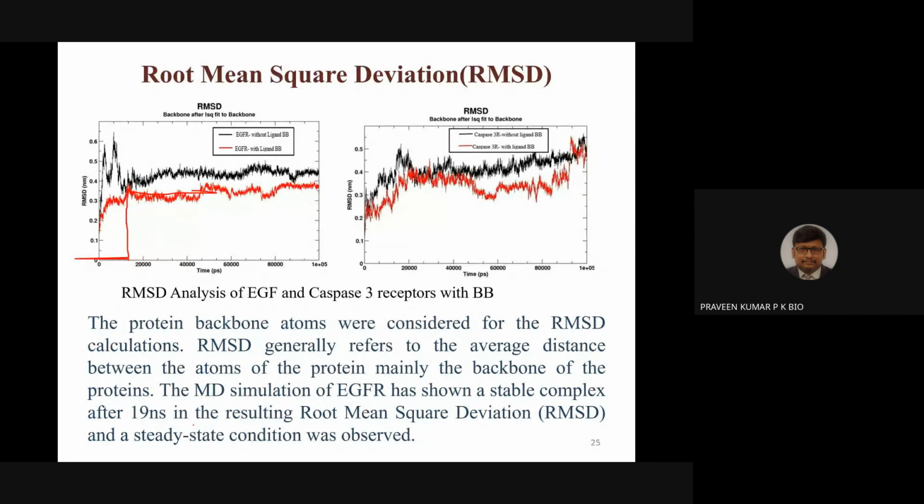During the 19 nanoseconds, you find a stable complex, but you can find a variation here. So only from here do you find it stable. One is at 90 nanoseconds, and the other time is around 42 nanoseconds. So the second interpretation is based on where you are getting a perpendicular line without much variation.